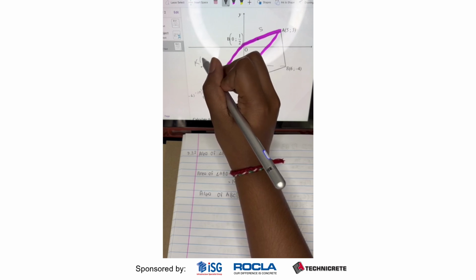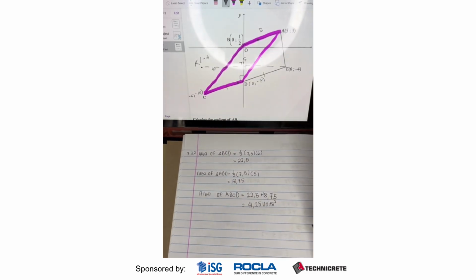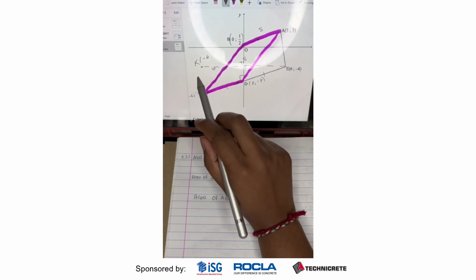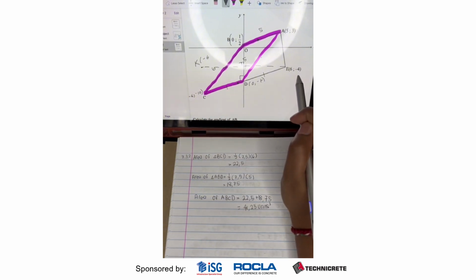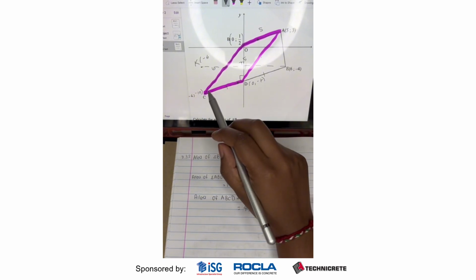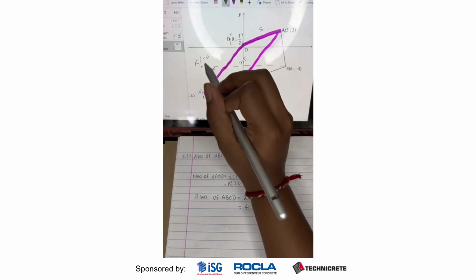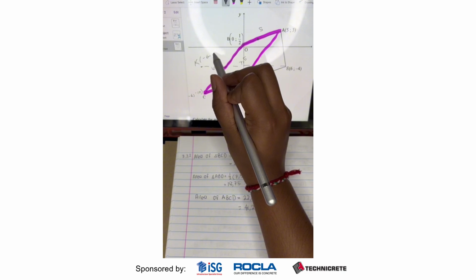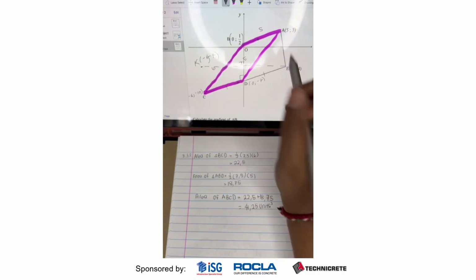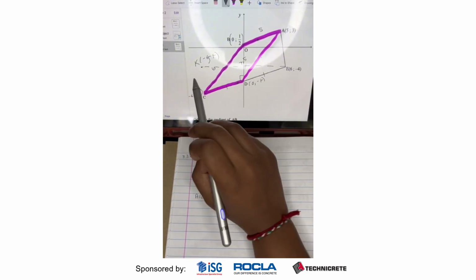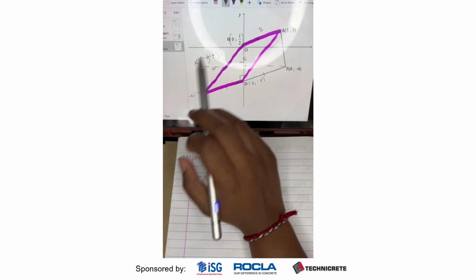My x value is not changing, the sign will just change, but we're reflecting along the y-axis. So my y value is now going to be the same, which is -4. We're reflecting along the y-axis, so y stays the same, x, the sign will change.